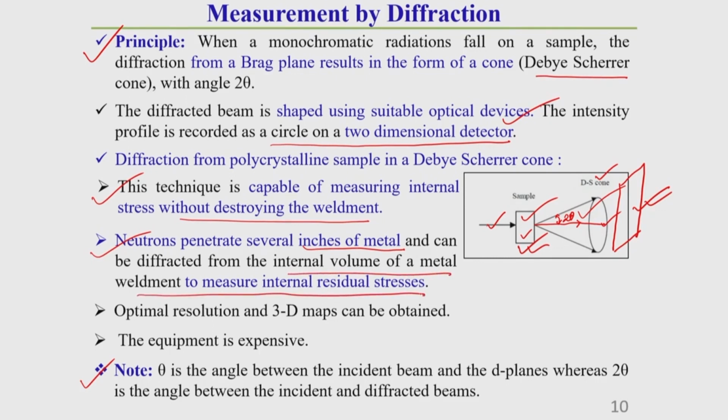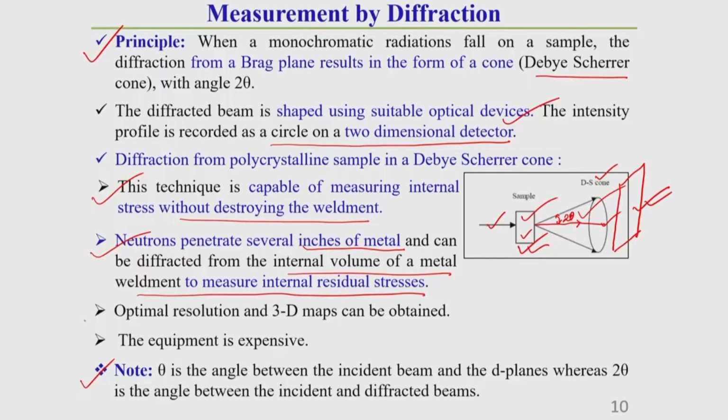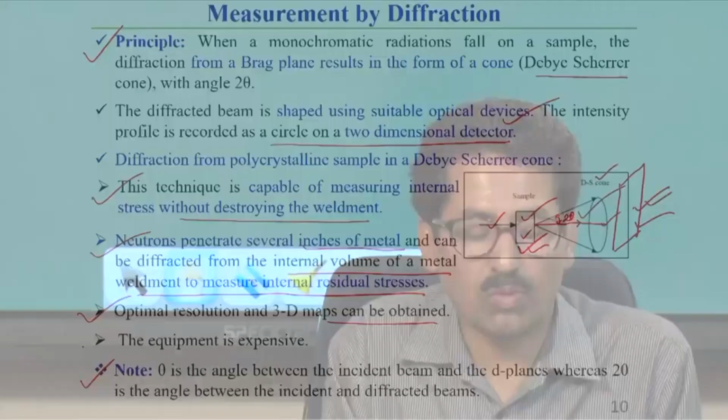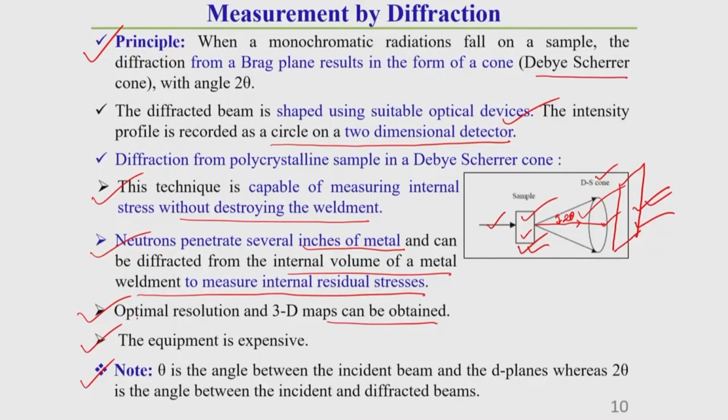Now, optical resolution and a 3D map can be obtained, as I have already told you. In a 2D plane we can find this optical resolution, and also the 3D map of this output, from where we can predict the residual stress distribution. But one thing you should keep in mind: this technique is very expensive, some crore rupees, you can say.